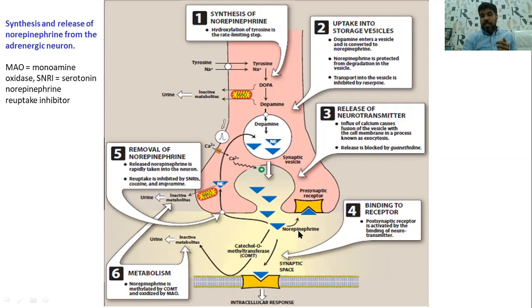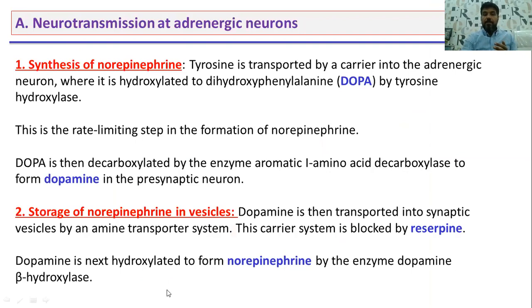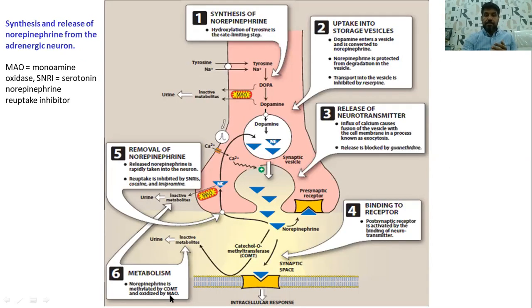So some of the norepinephrine binds to the presynaptic part. Some of the norepinephrine is inactivated by specific enzymes such as COMT, catechol-O-methyltransferase, and MAO, which is another enzyme.